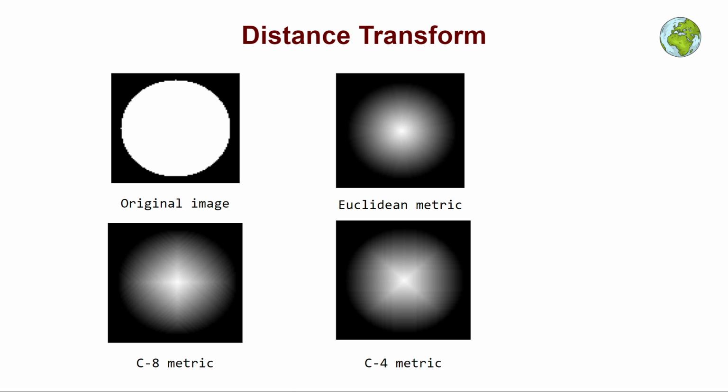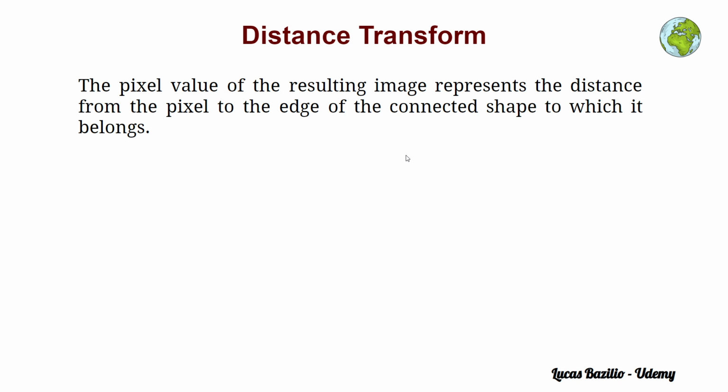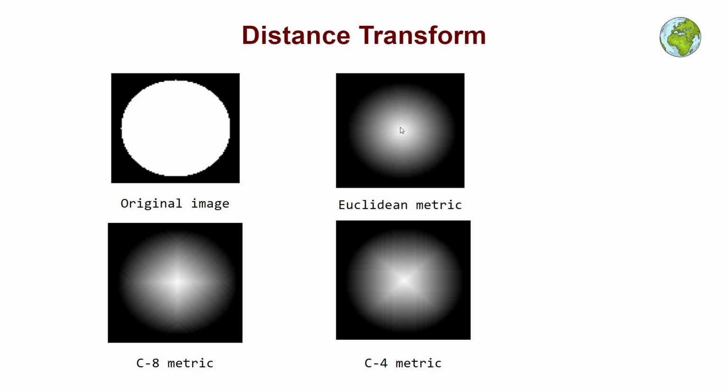As we move away from the center, we get closer to the edge, and the distance from the pixel to the edge decreases. So the center of the shape is always the whitest, and as we move away from the center, we get less white.